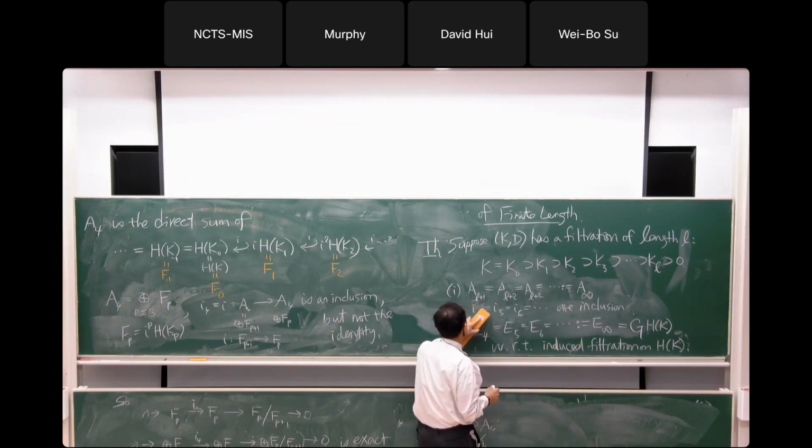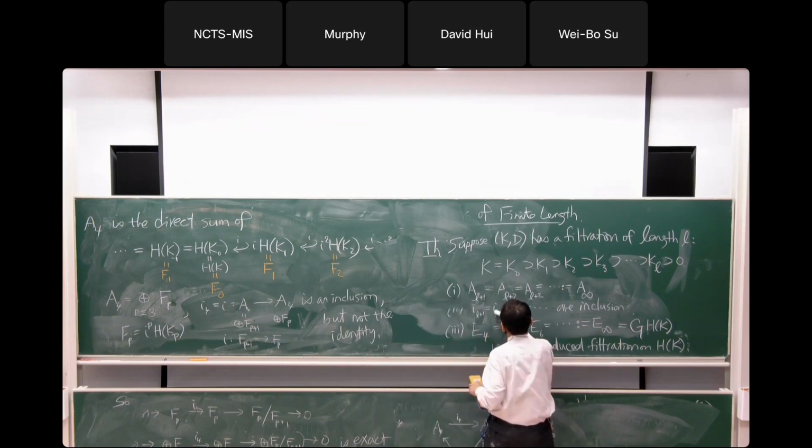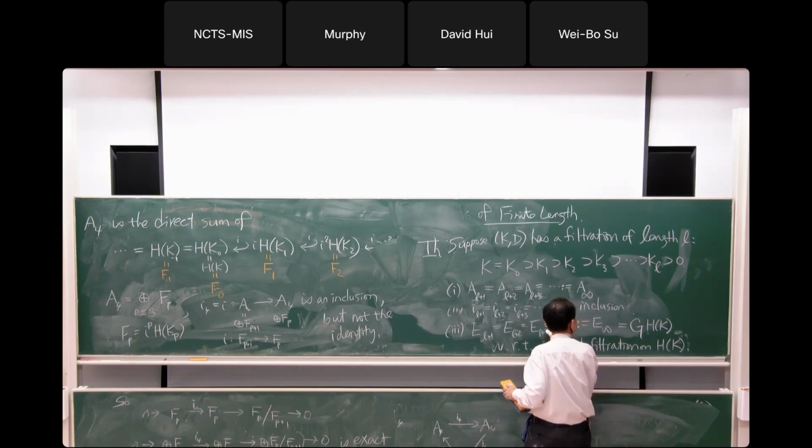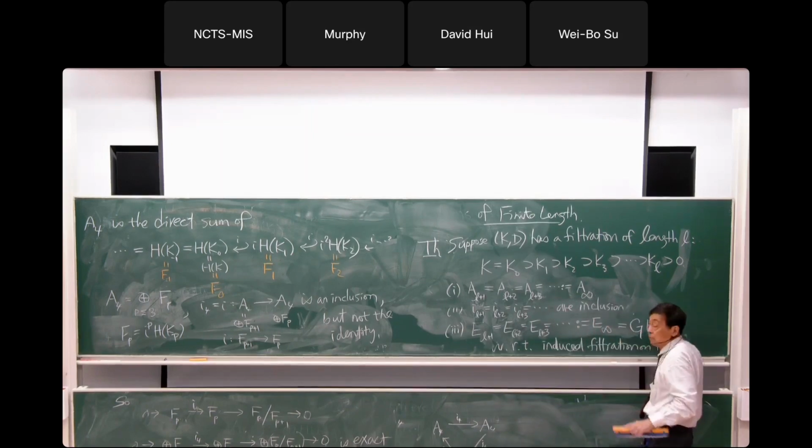Okay? Instead of 4, put in L plus 1. And E infinity will be the associated graded complex of the cohomology of K.